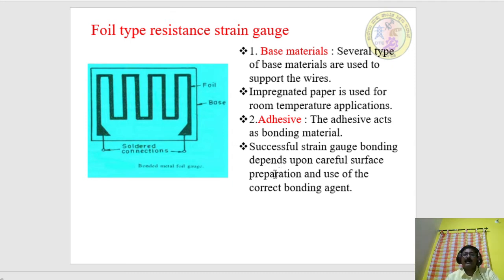Moreover, this adhesive bonding depends upon the surface preparation as well as the correct bonding agent which we have provided to bond the base material.